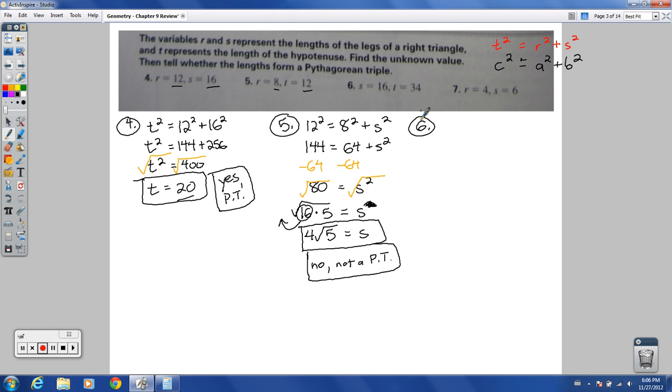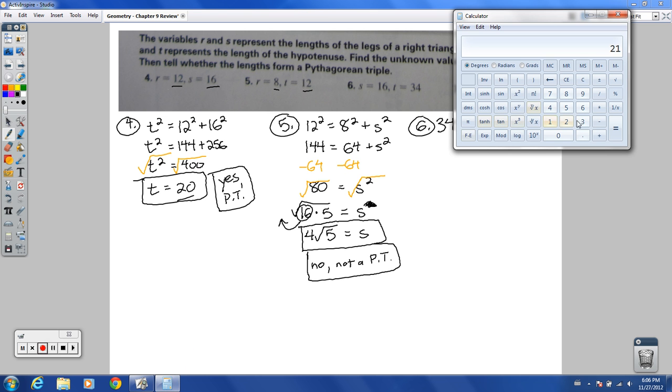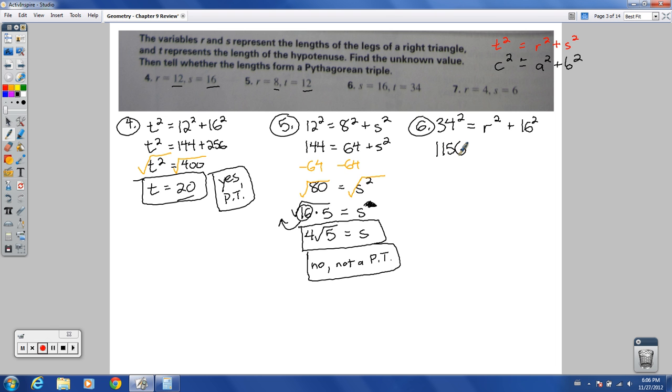Number 6, same sort of thing going on here. We've got 34 squared is my T squared part here equals S squared is the part we have. R squared is missing, so I'm going to say R squared plus we have 16 squared. 34 squared, that one I don't have memorized, so I'll put that here. That is 1156. So we have 1156 equals R squared plus 256.